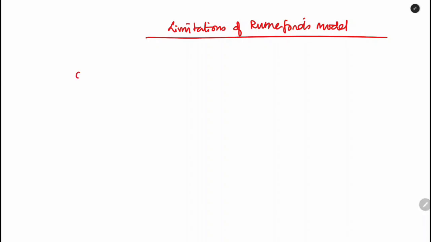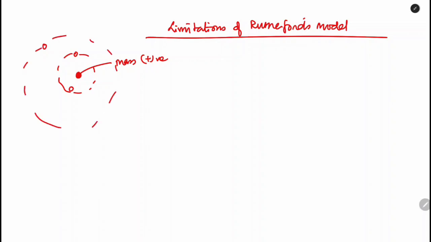Rutherford said that the atom has a nucleus which has the concentrated mass and is densely positively charged. Around it there are electrons which revolve around it in circular motion.